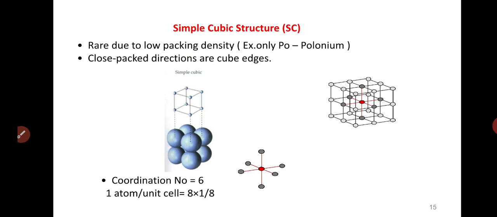The example of the simple cubic structure is, due to low packing density of the structure, only polonium.